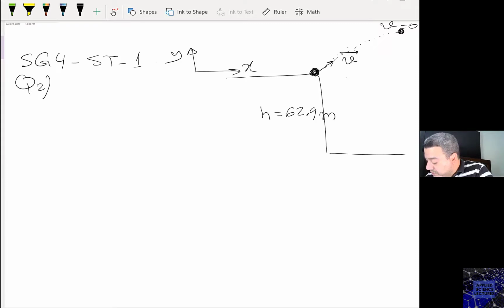Again, the angle here is 22.1, so I have 22.1 degrees. Now this velocity will have two components. We'll have the Vx and we'll have the Vy, right?